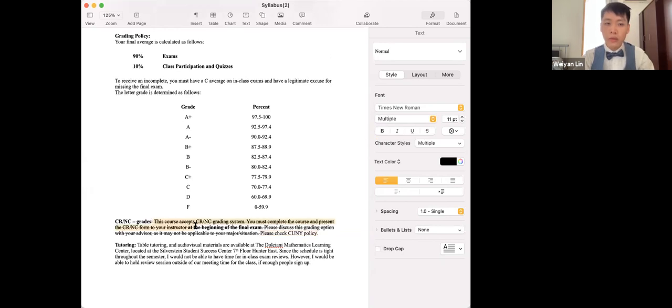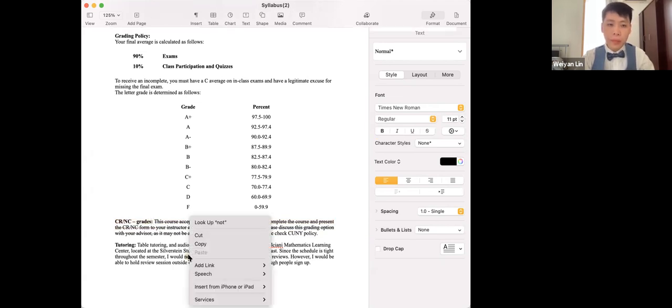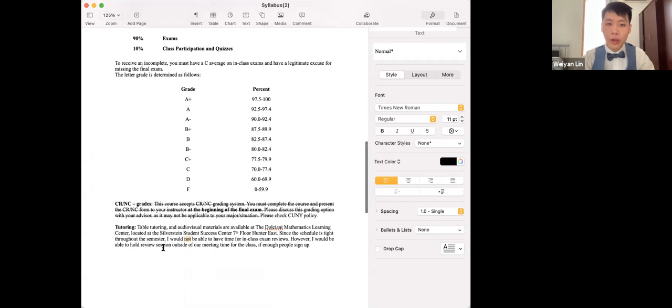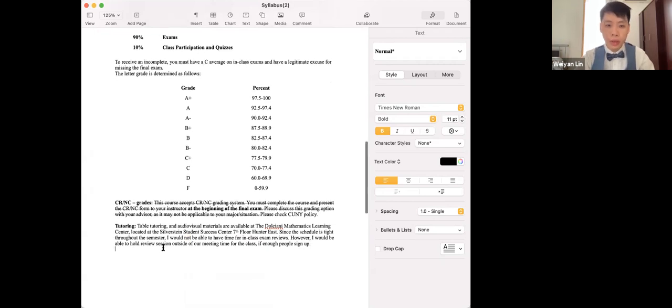For those of you who want this course to be part of your major, you have to be cautious using this option, because sometimes credit, no credit will not count this course toward your major, so be cautious about that.